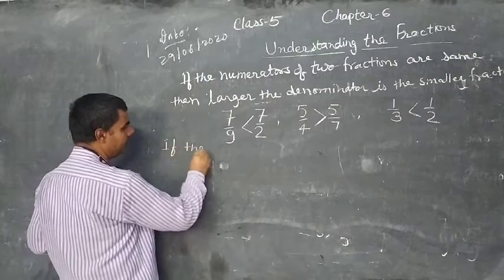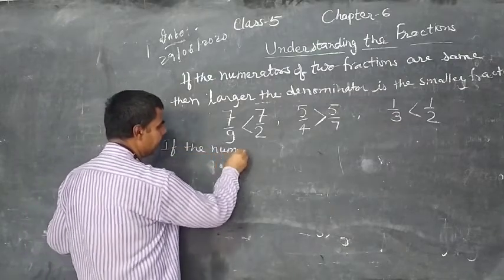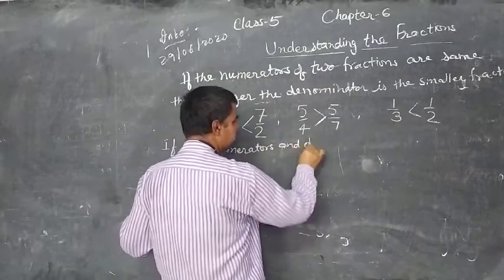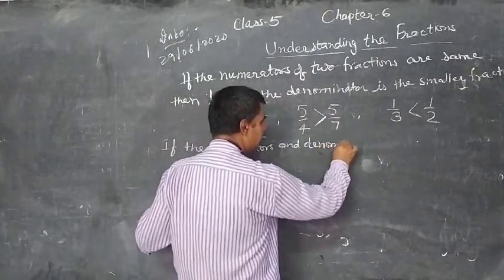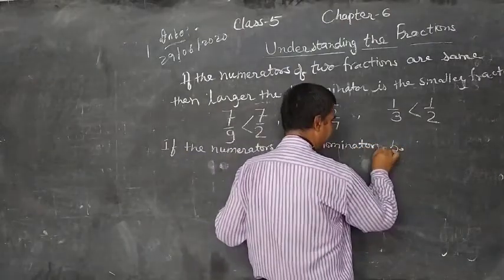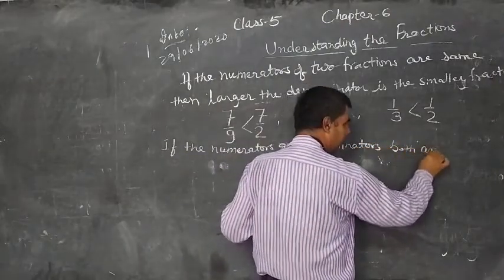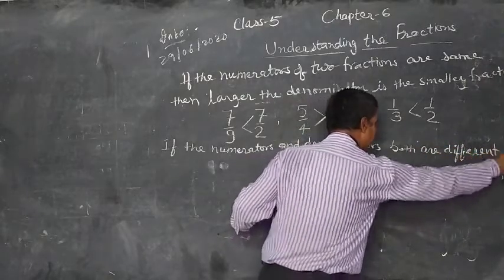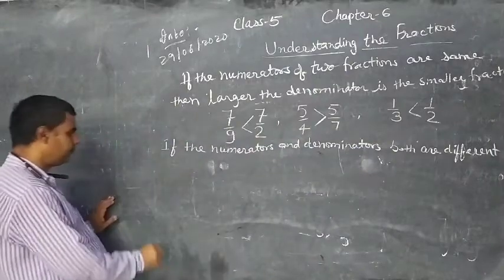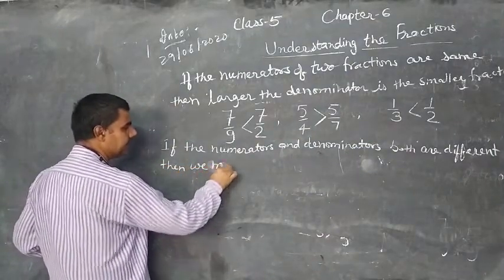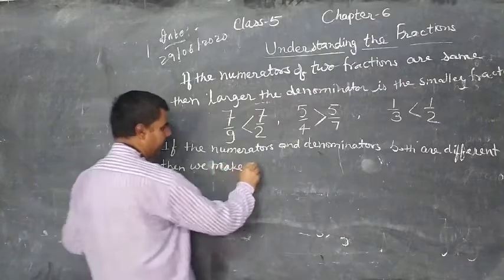If the numerators and denominators both are different, then we make the same denominator.